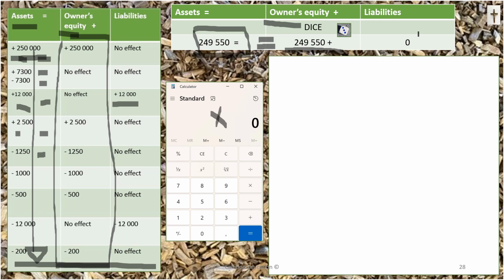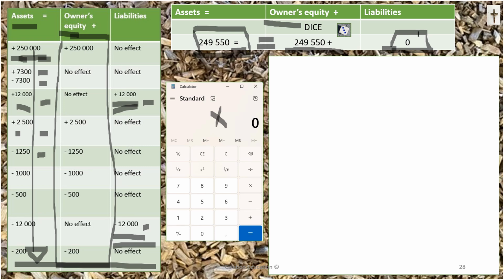And then the liability, the amount owing on the computer was paid, which resulted in 0 under liabilities. It was plus 12,000, increase in liabilities because a supplier was owed money, the computer store, and then later on in the month, the computer store was paid by check. Plus 12,000 minus 12,000 equals 0. But in this accounting equation, assets equals owner's equity plus liabilities, the left-hand side is equal to the right-hand side.